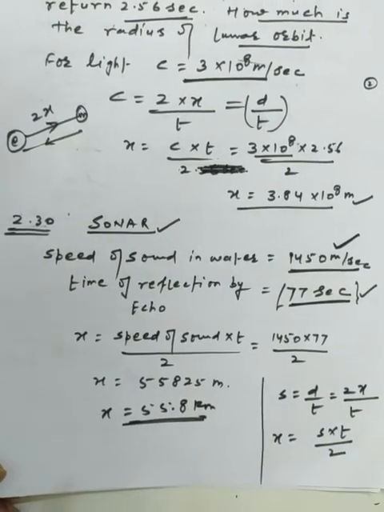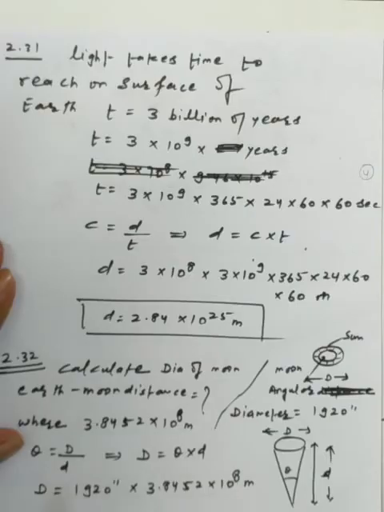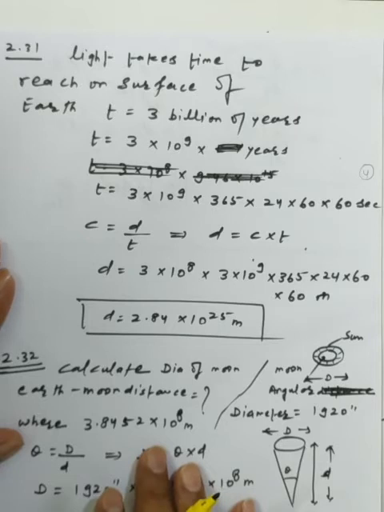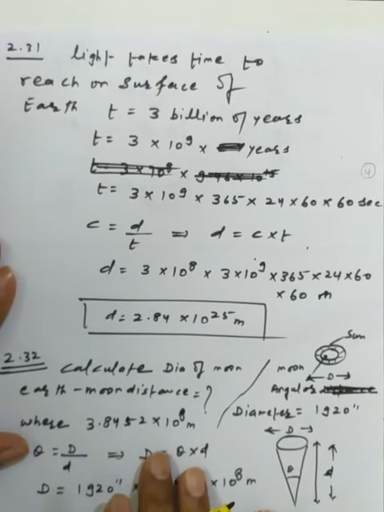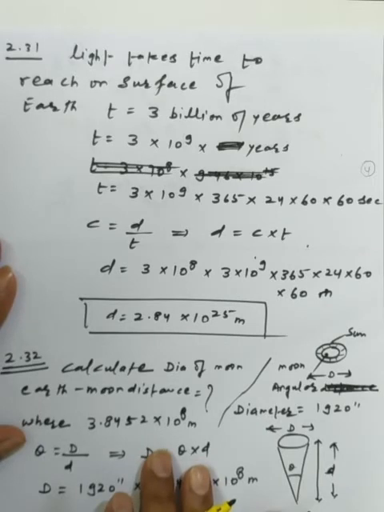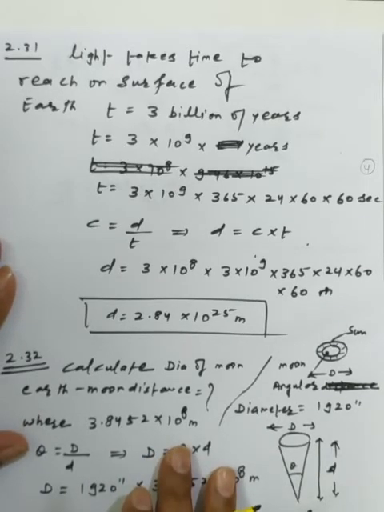Now we are moving towards the next problem. Dear students, question number 2.31: the farthest objects, known as quasars. These are some words which you have heard for the first time. Do not worry about the length of the question; whenever we solve them, they will be easily solved.